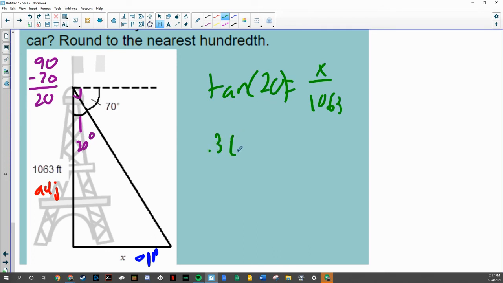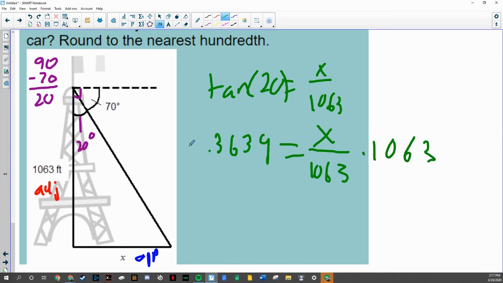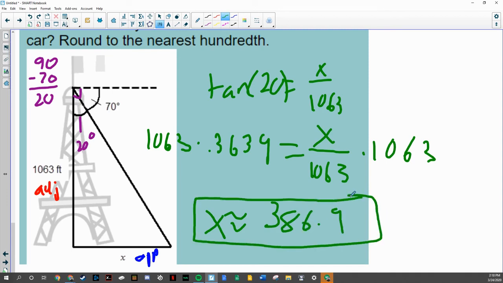It's approximately 0.3639 equals x over 1063. Our last step is to just multiply each side by 1063 in order to get x by itself. So that value times 1063, x will be approximately 386.9. And we're done.